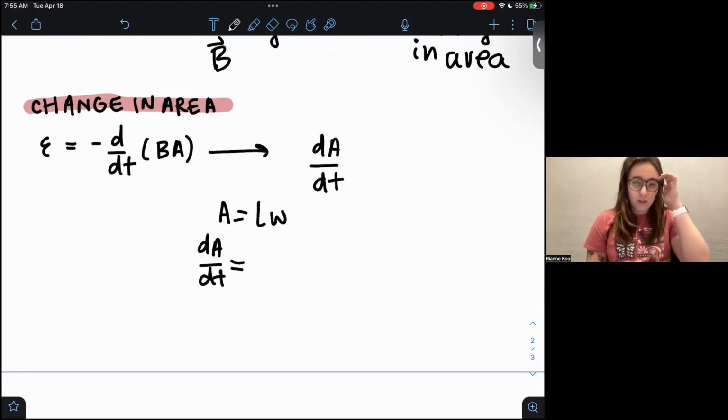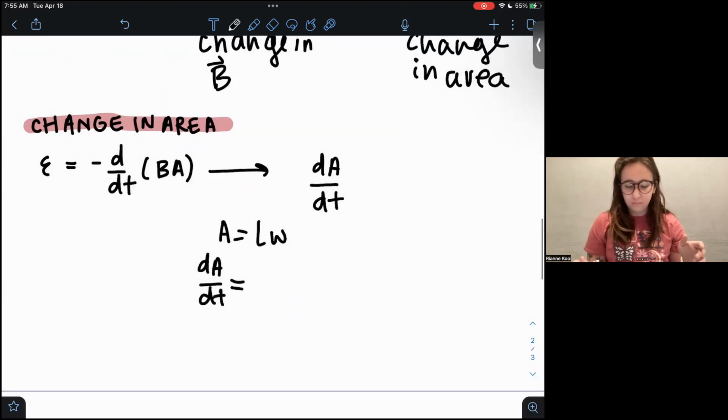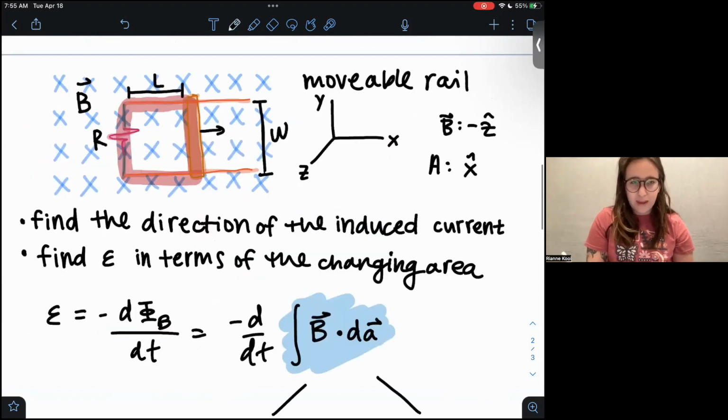What is changing with respect to these values right here? Well, the width can't change because it's stuck. The only thing that can move is this rail in the middle.